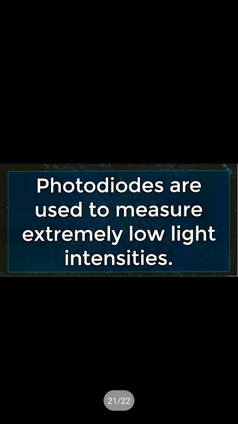The photodiode is also used to measure extremely low light intensities, because we already discussed that the photocurrent depends on the intensity of light. As we increase the intensity, the magnitude of the photocurrent also increases. This photocurrent also depends on one more factor, which we discuss in another chapter, the dual nature property.